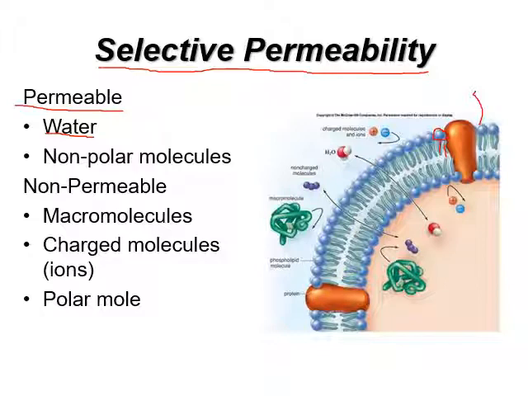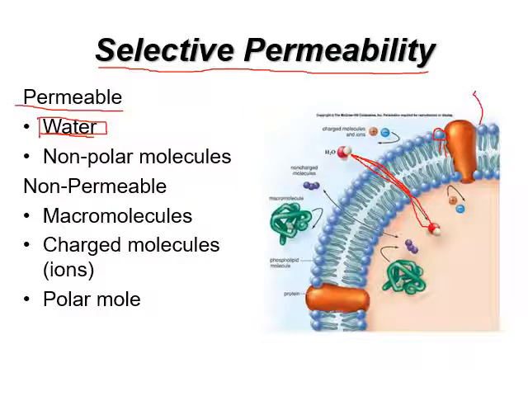Okay, so we got polarity and size are going to be two factors that determine whether a molecule can move through the membrane by itself or not. Okay, water's kind of an exception. It is a smaller molecule. It is polar, but it can wiggle its way through the membrane. Okay, it's not the fastest, but it can wiggle its way through.